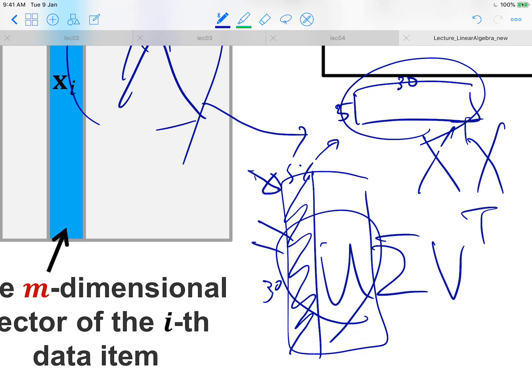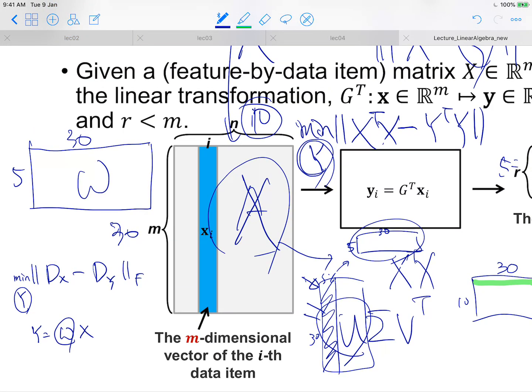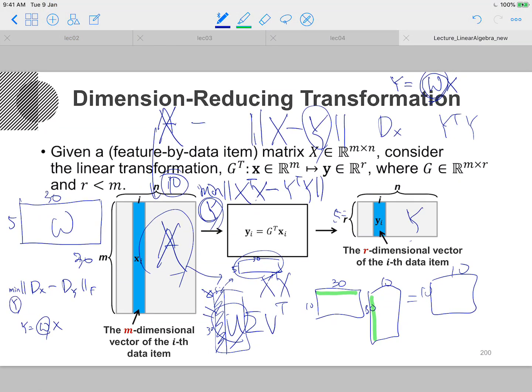So that's how this SVD is related to this low rank dimension reduction task in machine learning. And this is also called PCA, for example.